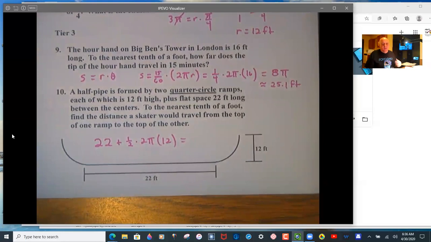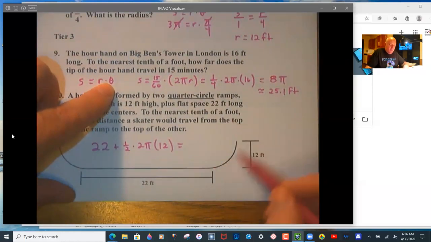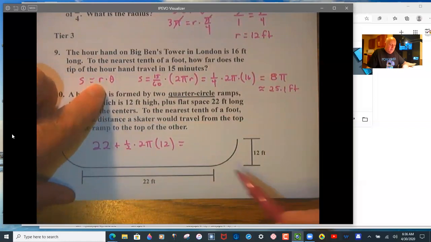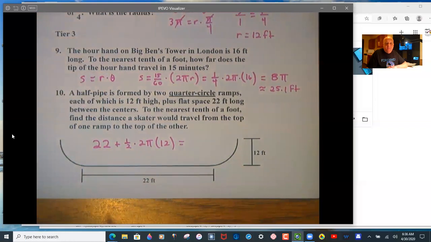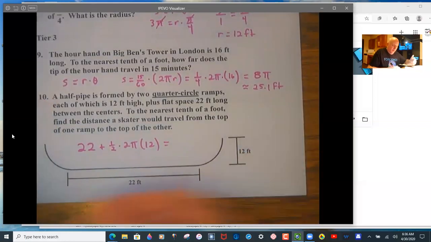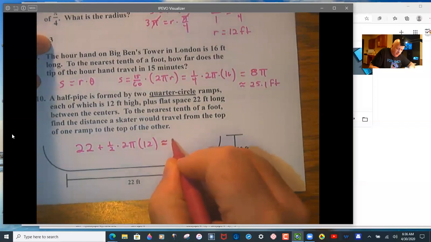Or you could think of it as, if you're doing the r times theta, the theta would be pi times 12. Well, pi is going to happen because you're going to do 1/2 times 2 pi, which is pi, putting the 2 quarter circles together. So this, when you crunch it all out, is 59.7 feet.